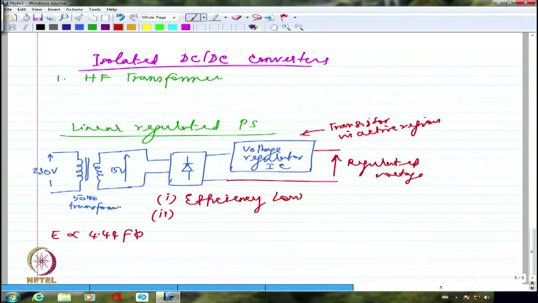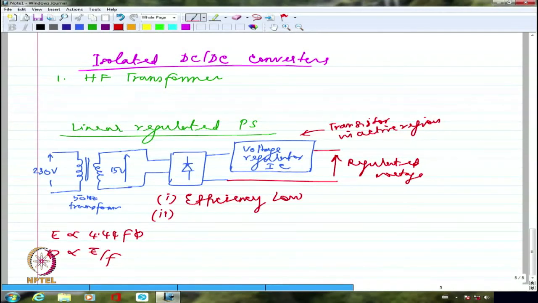So I can say flux is proportional to E by F, or voltage divided by F. E is approximately equal to V. So if I am talking about a 230 volts 50 hertz transformer, if the flux happens to be, let us say, 2 Weber, for example, then for the same 230 volts but a 50 kilohertz transformer, the flux will be 2 into 10 power minus 3 Weber. Right? The flux will decrease tremendously when I talk about higher frequency transformers.